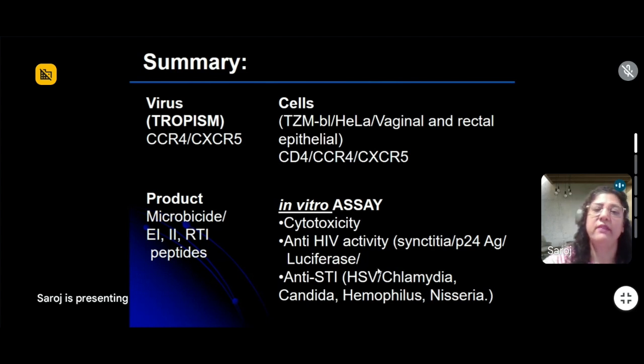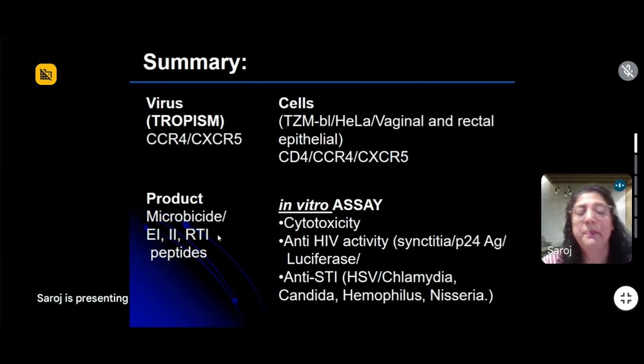We saw that we have the TZM-bl assay. We saw that there were MT1 assays and MT2 assays. We also saw how we can have different kinds of products, which can be the microbicides, which are preventive, I would say intervention, so that we do not get the virus in our system.